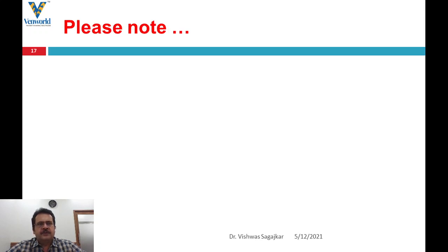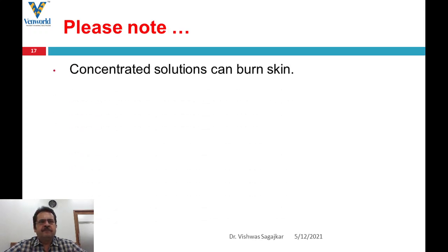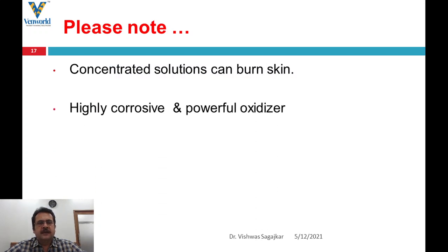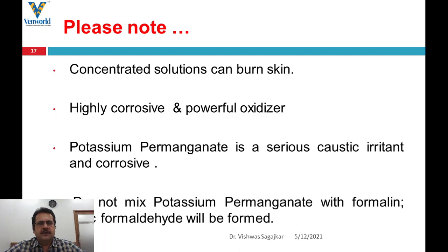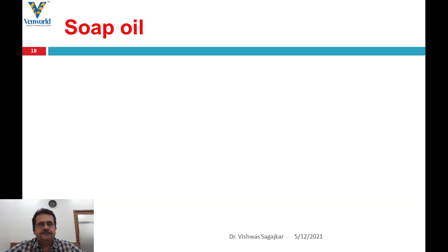But about potassium permanganate, we must note that concentrated solutions can burn skin. It is highly corrosive and a powerful oxidizer, and a serious caustic irritant, and it should not be mixed with formalin because it produces toxic formaldehyde gas, which is carcinogenic also and not user friendly.